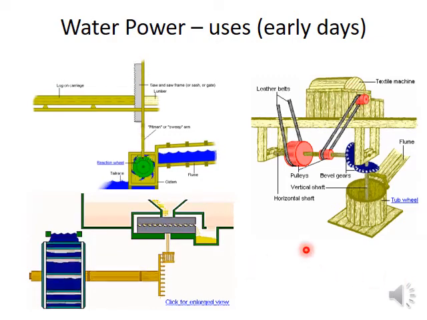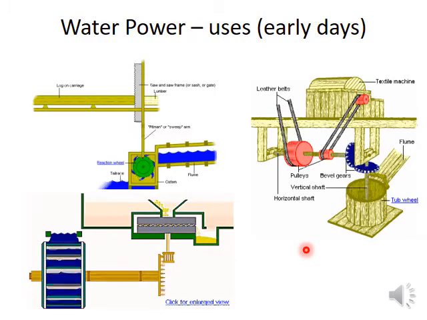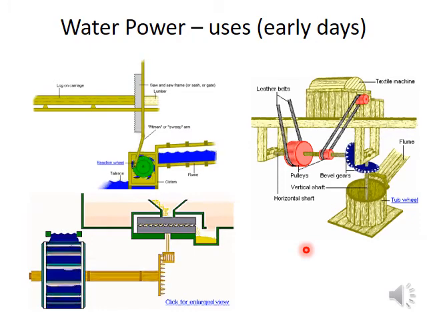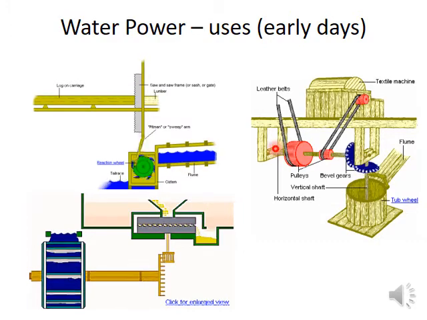Even today, in some of these tea factories in Sri Lanka, you can see some ruins of this type of mechanical energy transfer systems where water has been used to generate power, and then mechanical systems, belts and shafts had been used for tea industry.